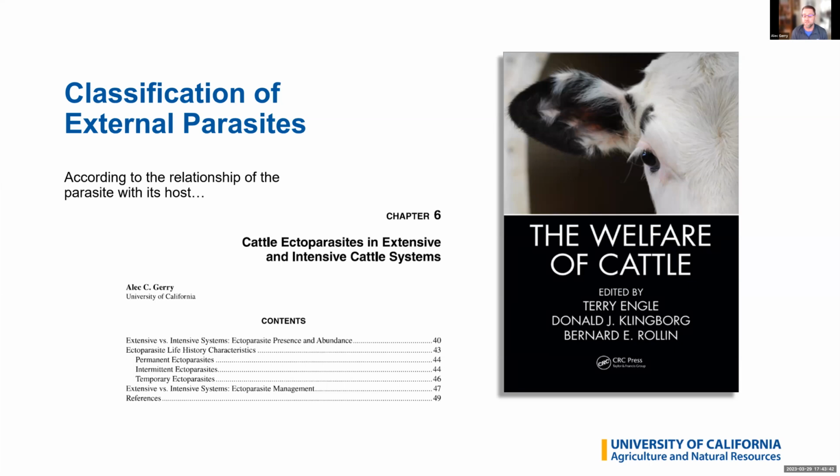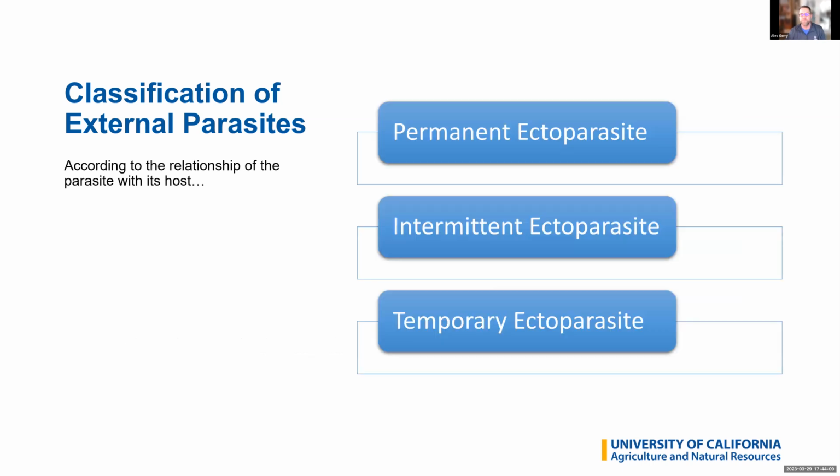But if you'd like to dig into this, in fact, much of the talk today, if you want to get more information on the ectoparasites or their association with cattle in these different systems, you can pick up that Welfare of Cattle book. You may be able to find it even online at this point as a PDF, and look for chapter 6. So find chapter 6 and you can really dive into this if you would like.